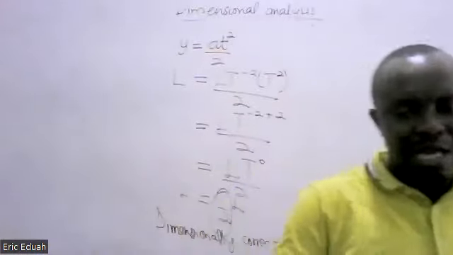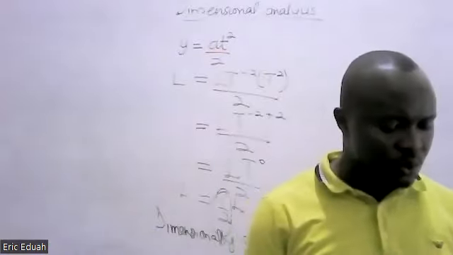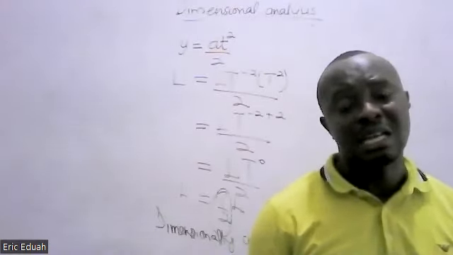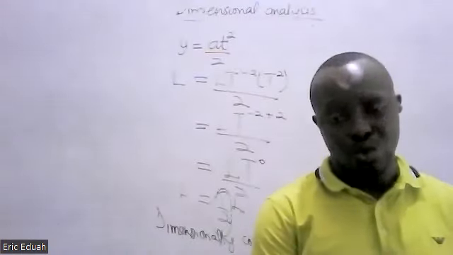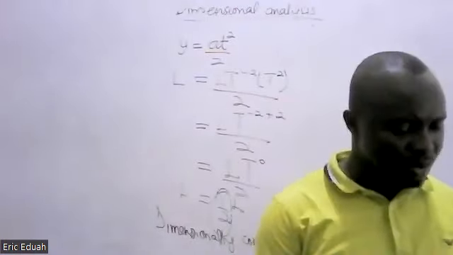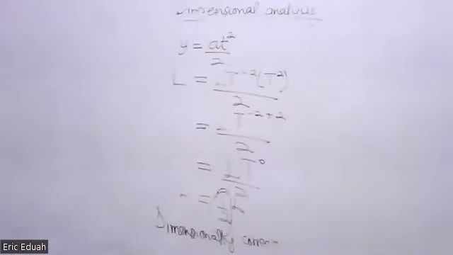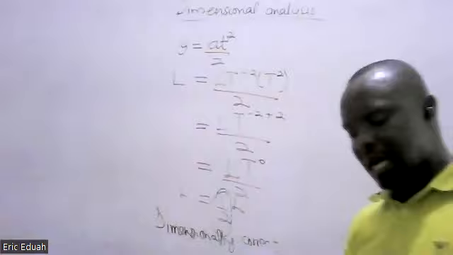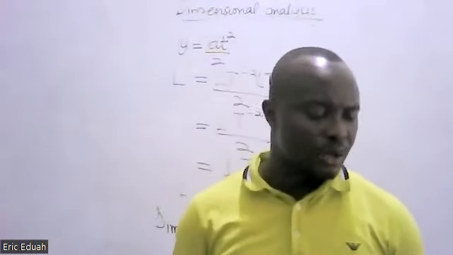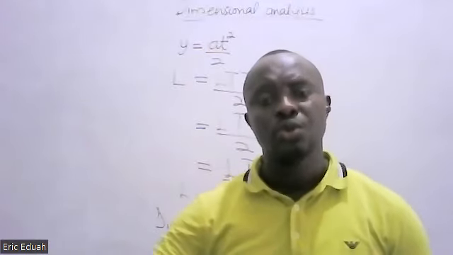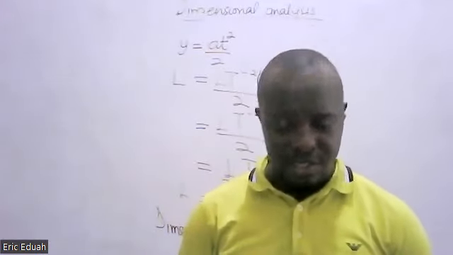All right. So that's it with how to use dimensional analysis to determine the validity of a given equation. Let's move on to the next use of dimensional analysis, and that is to derive an equation between two or more given quantities.